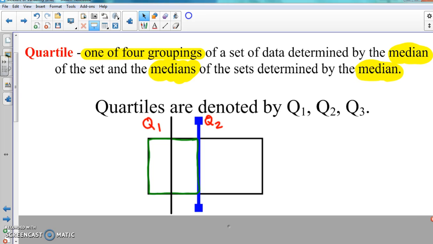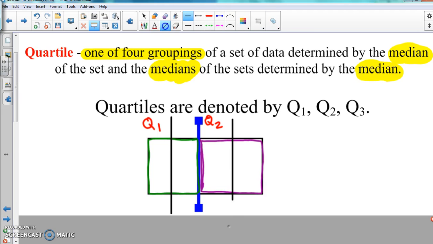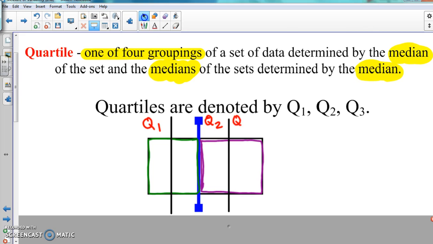That's Q1. Now, if we take a look at this other side, let's make this purple. If we find the median of this set of data on this side, that's considered our Q3. It's not perfectly smack dab in the middle. So this is the median for the whole set of data.